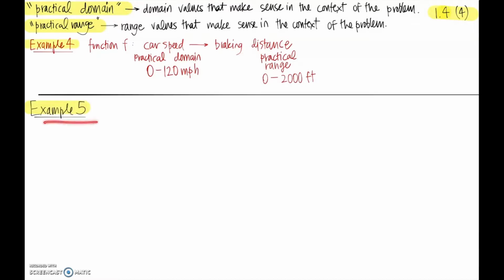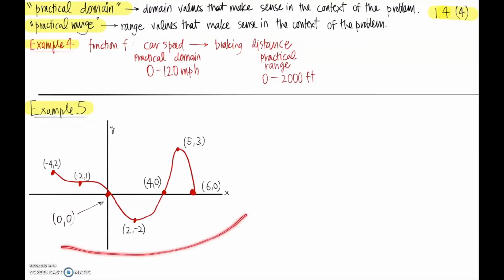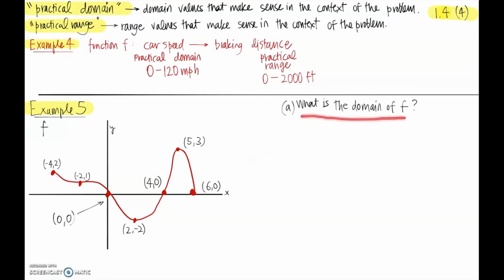For our last example, we have the following function. Okay, here it is. This is our function, and this is the only information I know about it. I don't have a formula, I don't have a table, I just have this graph, this picture of input and output values. And we're going to answer a series of questions just based on what we can see here. And the first question is, what is the domain of f?